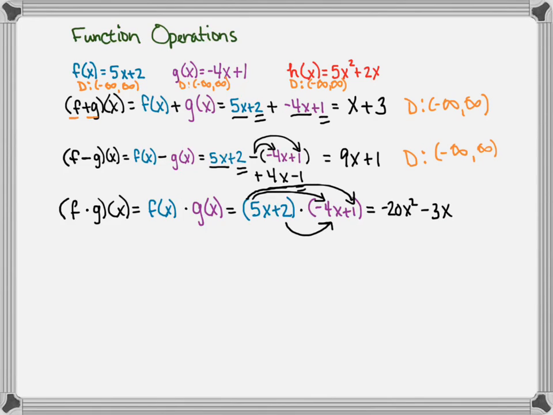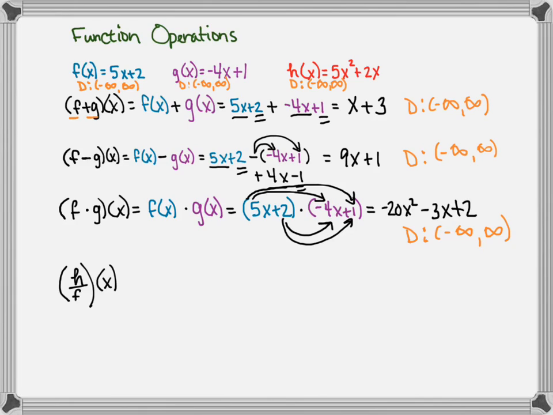Those combine to be negative 3x. And then 2 times 1 is positive 2. So the product, f times g of x, is equal to negative 20x squared minus 3x plus 2. Now again, its domain is going to contain those values which are in both f of x and g of x. And because f of x and g of x both had the domain all real numbers, the domain of the product is also all real numbers.